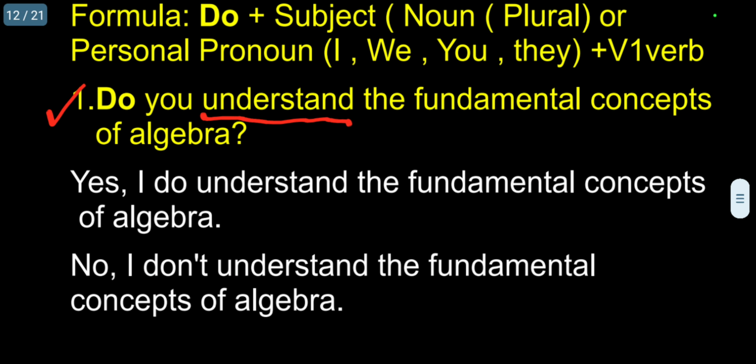That is the question. Answer: yes, I do understand the fundamental concepts of algebra. In this case, understand is the main verb, and do is the auxiliary verb. If it is negative: no, I don't understand the fundamental concepts of algebra.